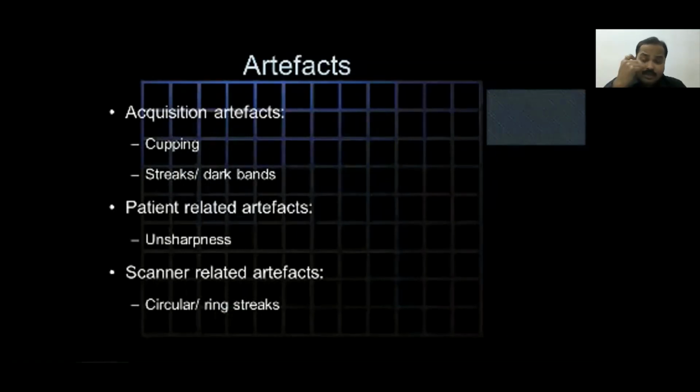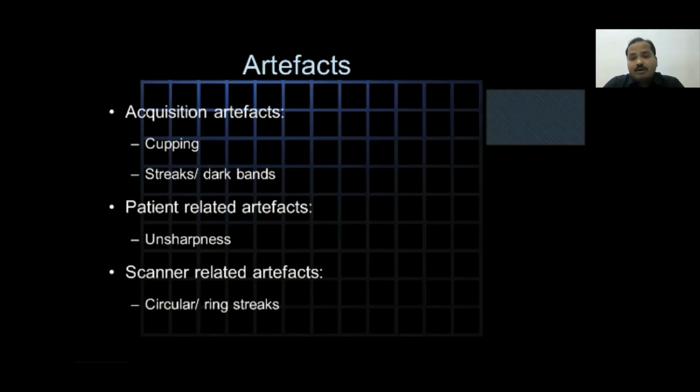Then we come to artifacts. Various artifacts seen in CBCT machines are, namely, acquisition artifacts, which can be cupping type of artifacts seen with metallic fillings or restorations or any prostheses present in the oral cavity on the teeth.